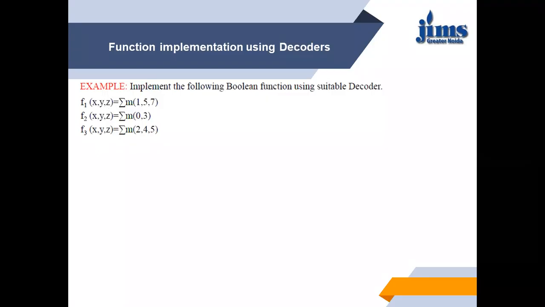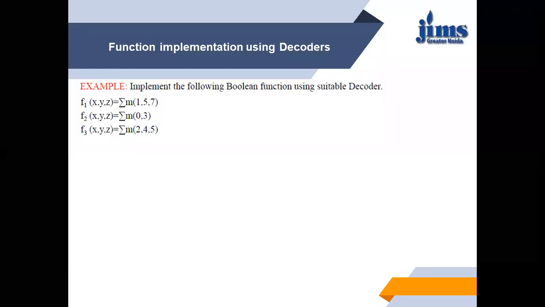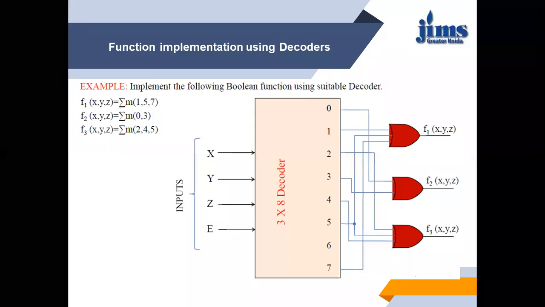Take a 3:8 decoder, mark the inputs as X, Y, Z, mark the outputs as D0, D1, D2, D3, D4, D5, D6 and D7, and take three different OR gates for each output combination. One gate for F1, one gate for F2, one gate for F3, and sum all the minterms, and the circuit will be like this.